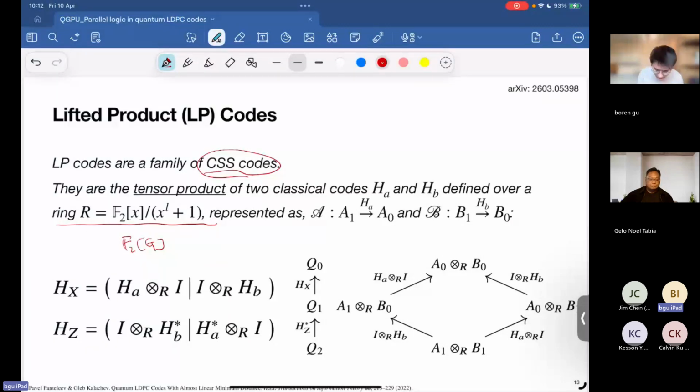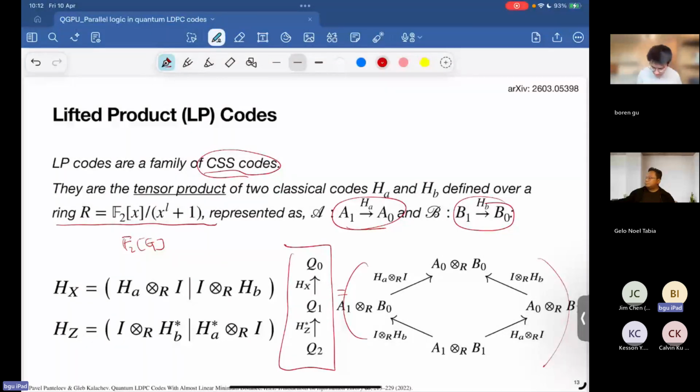The first one is that you represent the classical codes in terms of a length 1 chain complex, so it's a mapping, and you take the product of the 2 length 1 chain complexes to get a length 2 chain complex. These 2 are equivalent, and this is just a decomposition.